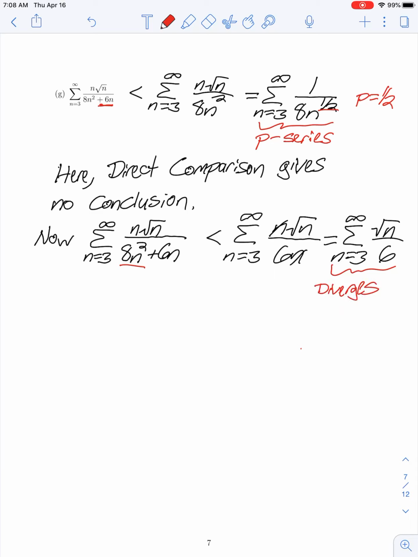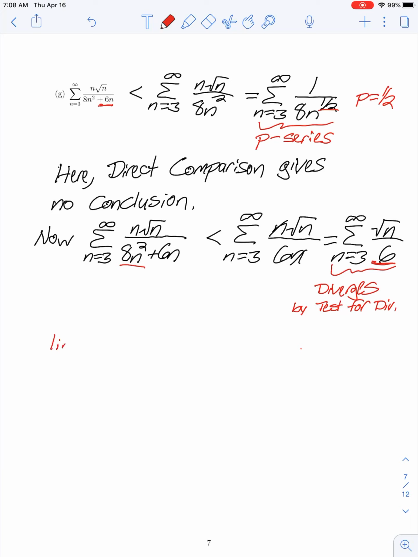Why does it diverge? Well, it diverges by the test for divergence. We see for this general term, square root of n divided by 6, as n gets larger, this general term increases without bound. It's not converging to 0. So here we could say diverges by the test for divergence.